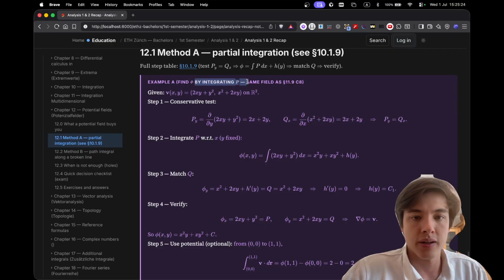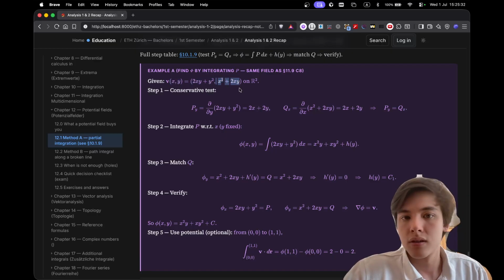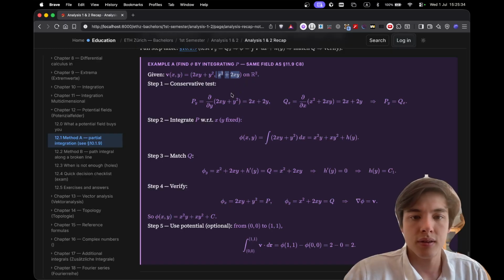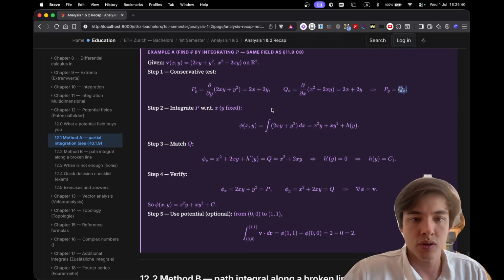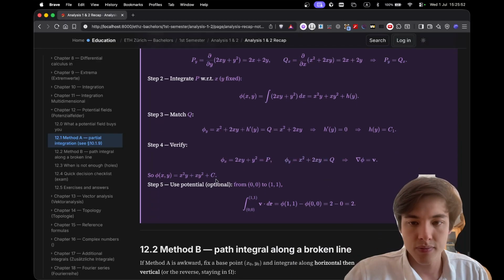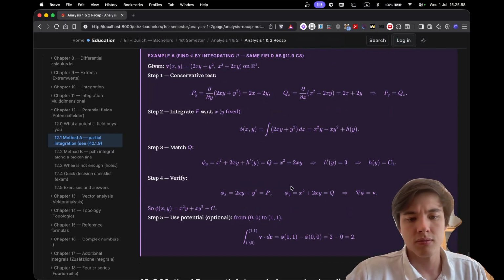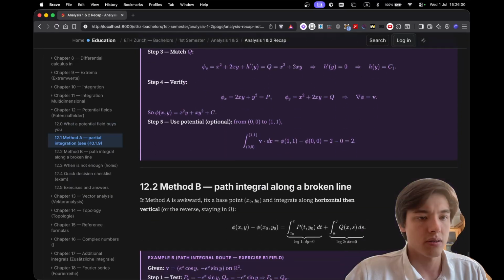Let's just go through examples. Find the potential by integrating P. We have given this vector field, test if it's conservative. We see both are the same, so it's conservative. We integrate it. We find the potential field. And then we can use the potential to, oh, what? Why is this here? Whatever.